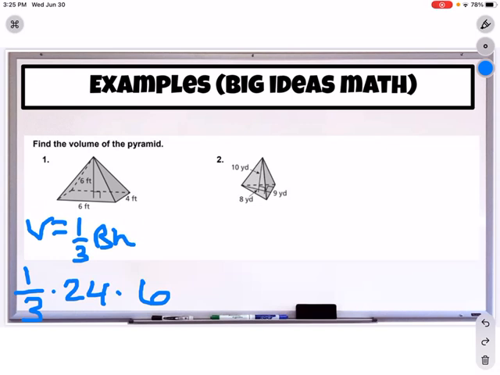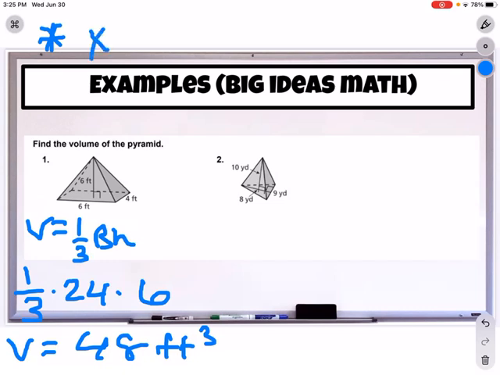Which is 48 feet cubed. Remember, for volume, we always have to write that unit. So I have to write that unit of measurement and that cubed.